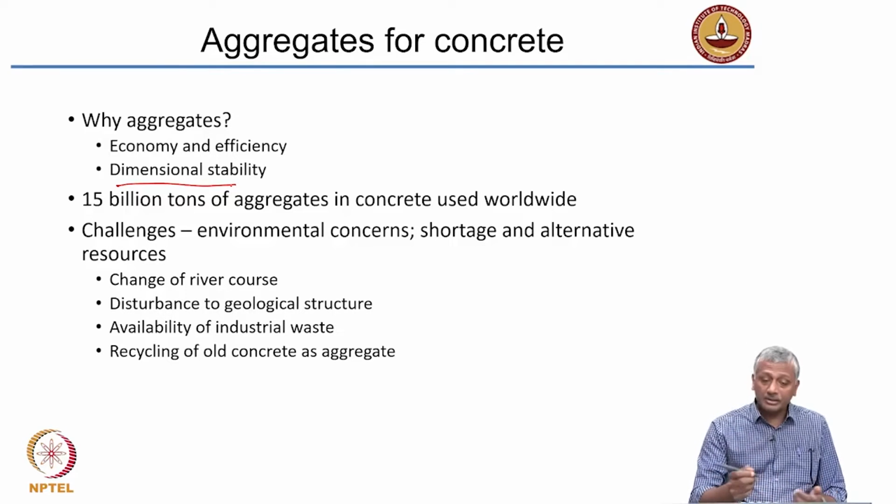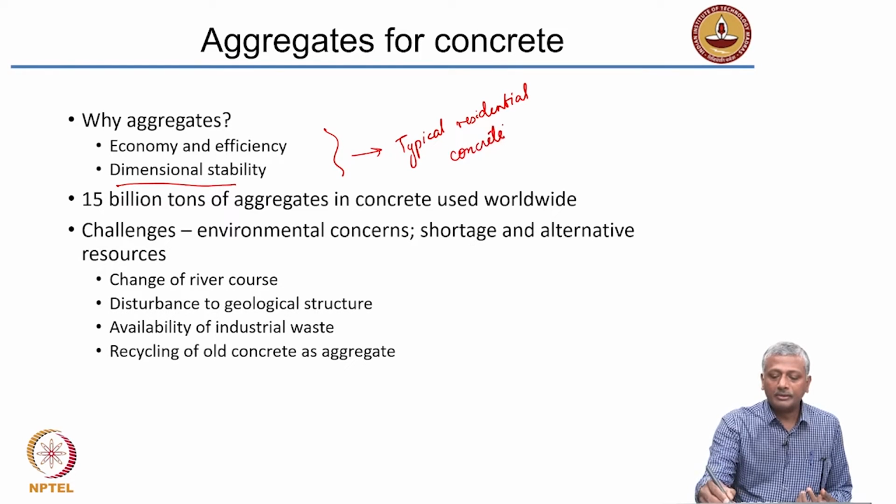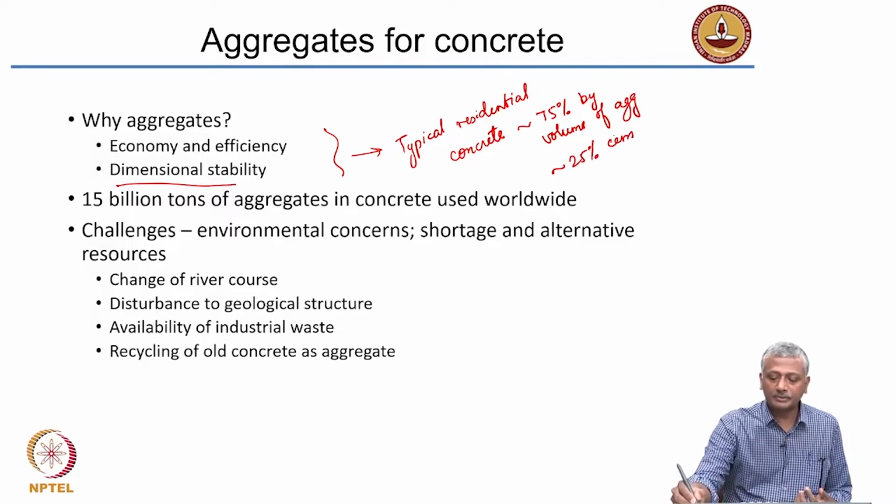So if you actually look at typical concrete, let's say residential concrete, the concrete that is typically used for building houses, typical residential concrete will have nearly 75% by volume of aggregate. That means only 25% is cement plus water.